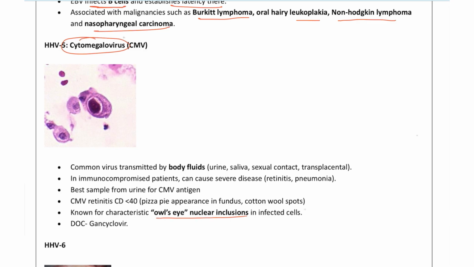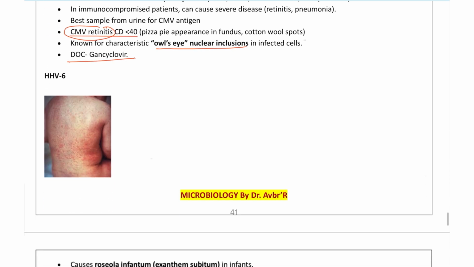Commonly, they are going to infect patients with very low CD4 cells, like CMV retinitis in HIV patients. And what is the best test for this patient? Urine is the best diagnostic test. The drug of choice is ganciclovir.